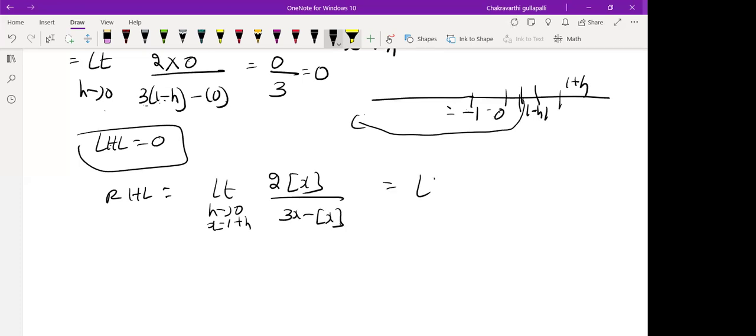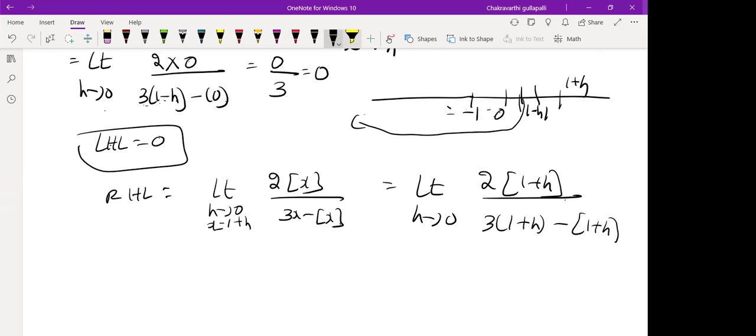This is nothing but limit h approaching 0, replace x by 1 plus h, 3 into 1 plus h. Now first simplify. Box means greatest integer less than 1 plus h. What is the greatest integer less than 1 plus h? Greatest means immediate preceding. Immediate preceding to 1 plus h, the integer is 1.